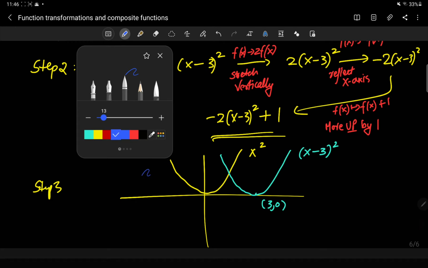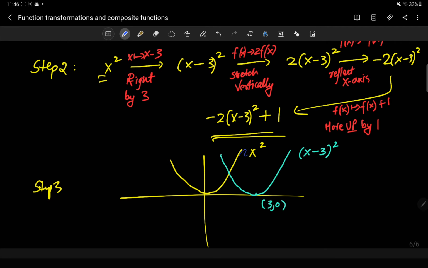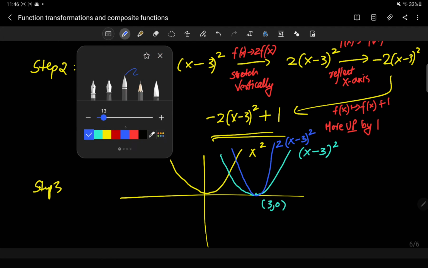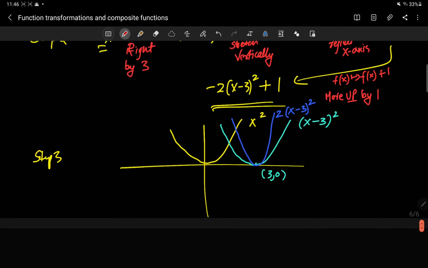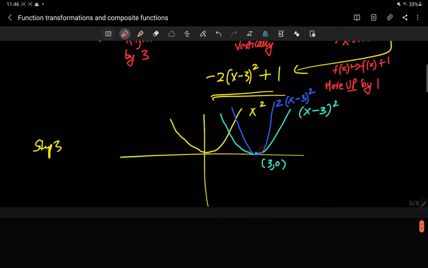Then we multiply it by 2 and make it stretch, but this point doesn't change. It just becomes steeper. So this is 2 times (x minus 3) squared. Then we reflect it on the x-axis. As the reflection of the blue curve, again, the point 3 comma 0 doesn't change.